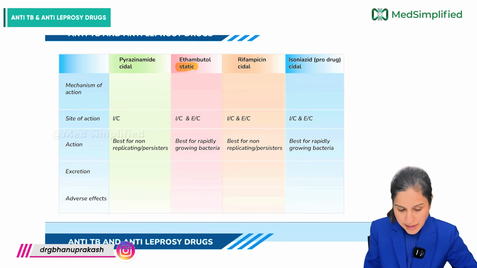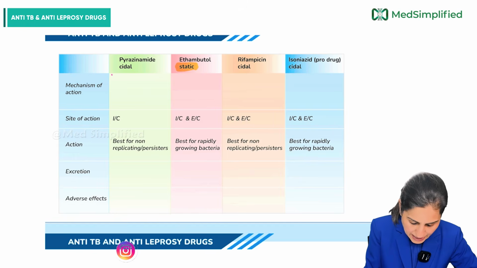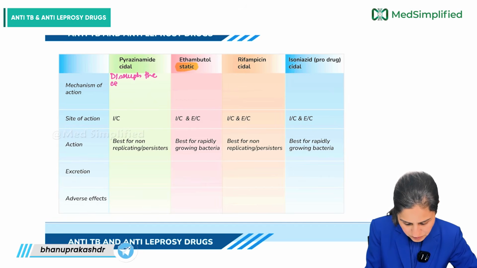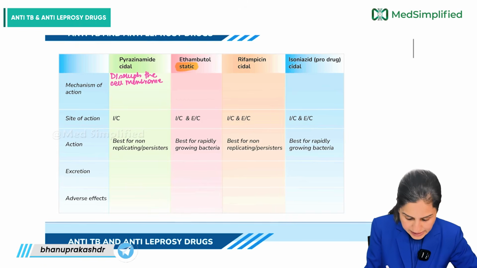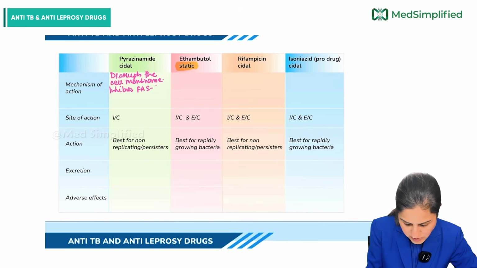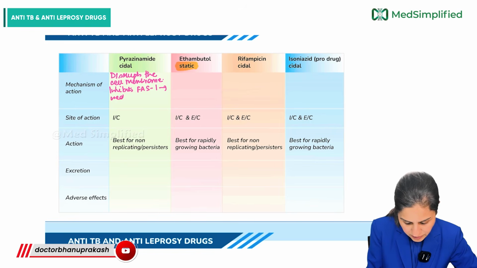Now let's move on to the mechanism of action. The first is pyrazinamide. It gets activated and disrupts the cell membrane. It inhibits fatty acid synthase 1, FAS1, and therefore it will weaken the cell wall.